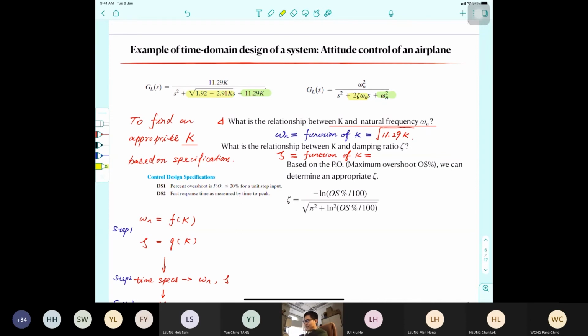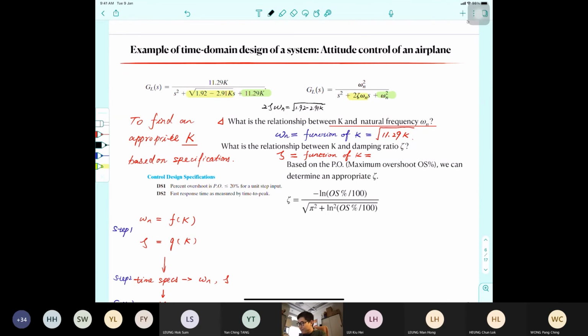Simplify it, make it simpler. Actually it's relatively simple, right? 2 zeta omega n equals to square root of 1.92 minus 2.91 k, right?